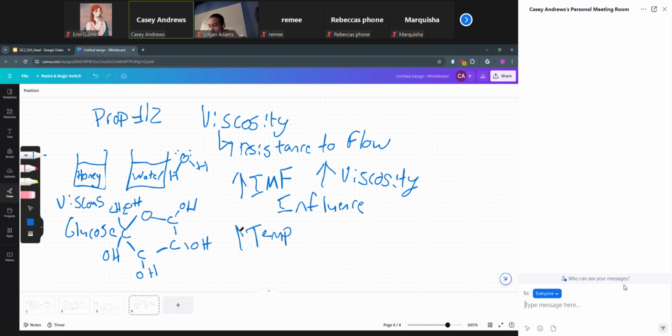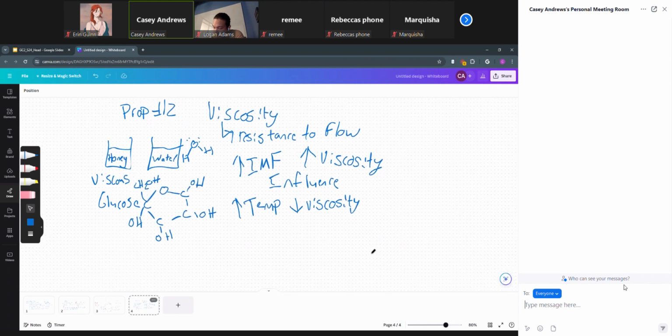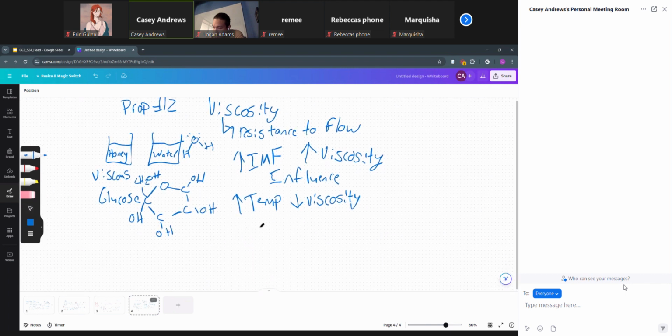So the higher the temperature, the lower the viscosity. And we can briefly talk about why that is. This is a topic from Gen Chem 1, which I'm also teaching in the summer, and we actually just talked about this, so a little bit of a review. Higher temperature means more energy. There's more energy around if the temperature's high.